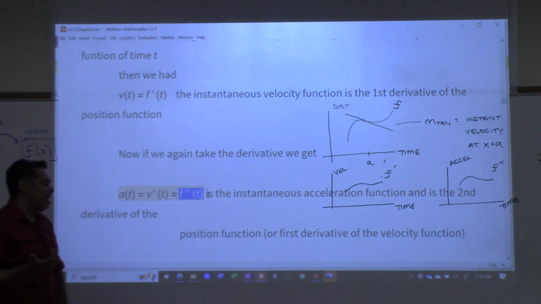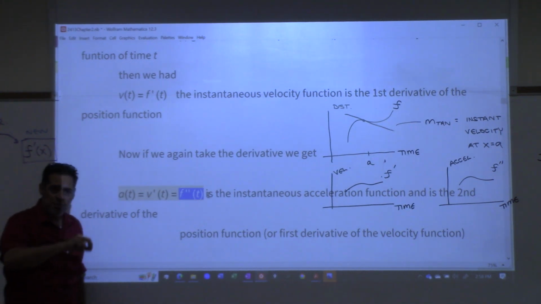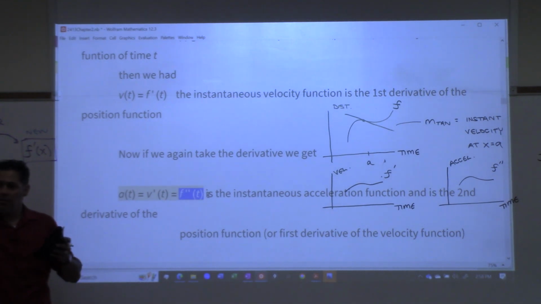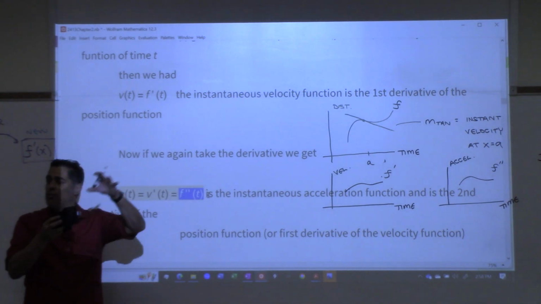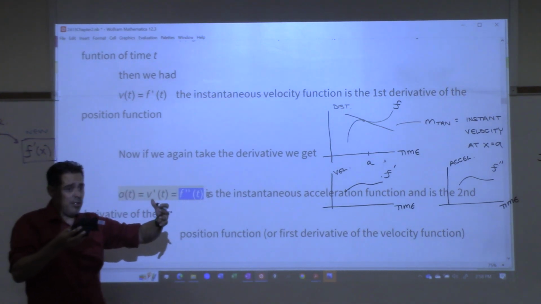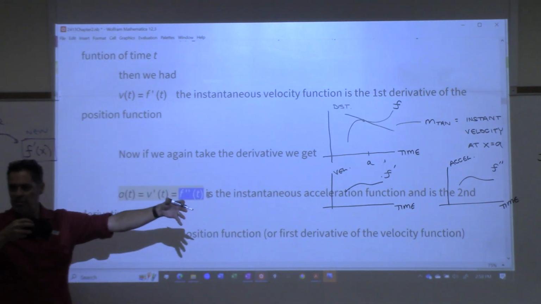So if you're in a physics class and they say we've got this object moving on a spring, moving up and down like a cosine function, and let's figure out its velocity, what they're going to do is take the cosine function and find its derivative, and that would give you the velocity. And if they want to know the acceleration of that object, they would take the derivative of that derivative, and then they would have your acceleration.